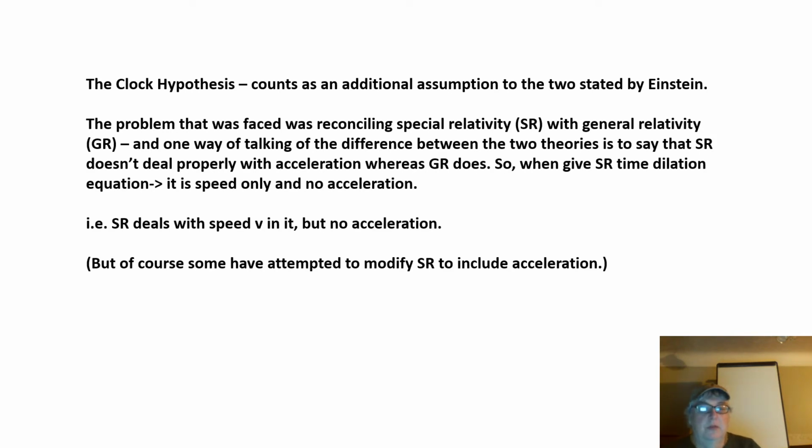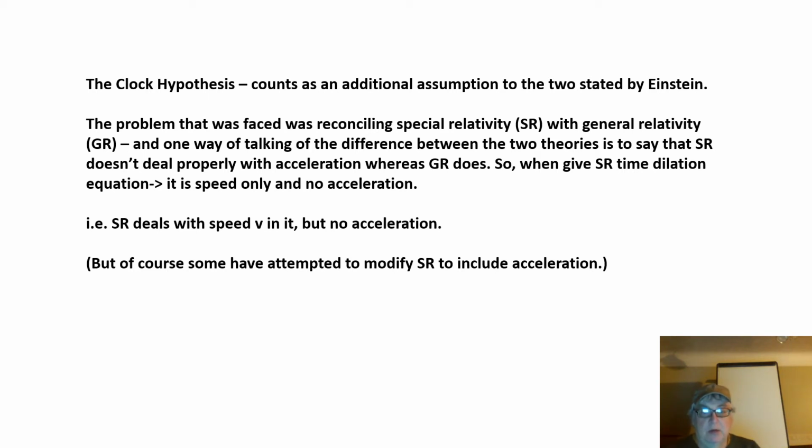So the clock hypothesis counts as an additional assumption to the two that are explicitly stated by Einstein in his 1905 paper. The problem that was faced was reconciling special relativity with general relativity. One way of talking about the difference between these two theories is to say that special relativity doesn't deal properly with acceleration, whereas general relativity does.